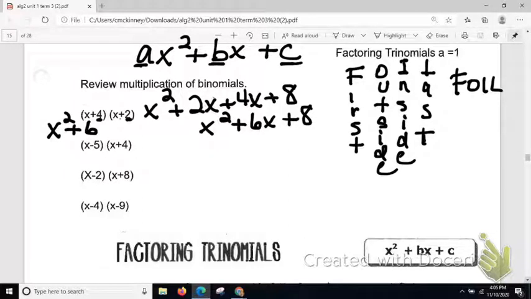The middle always gets an x, because it starts out x squared and then some x's, and last is just a number. To get that number, I do 4 times 2. So notice what we did: we add to get the middle, and we multiply to get the end.